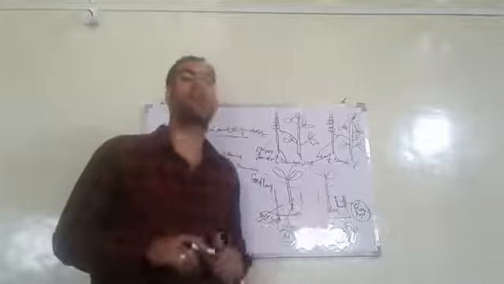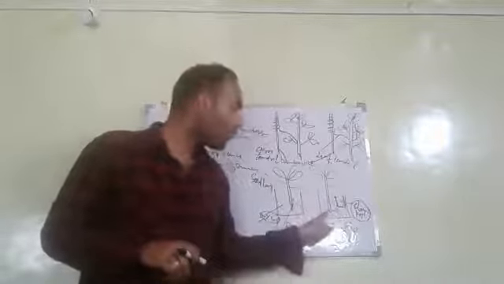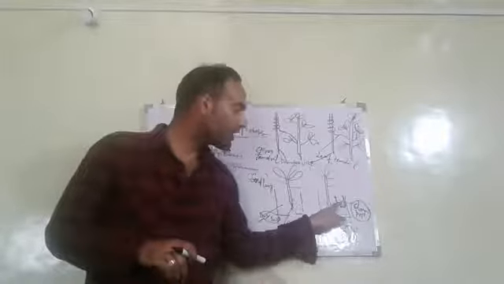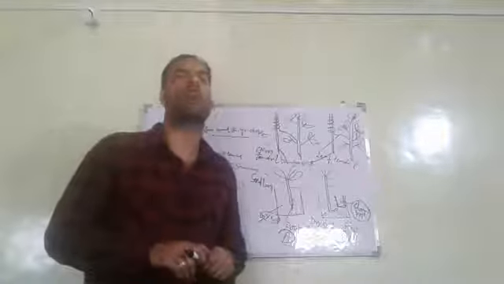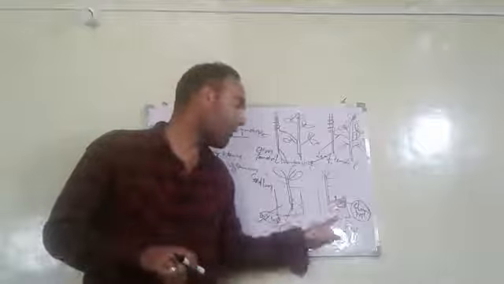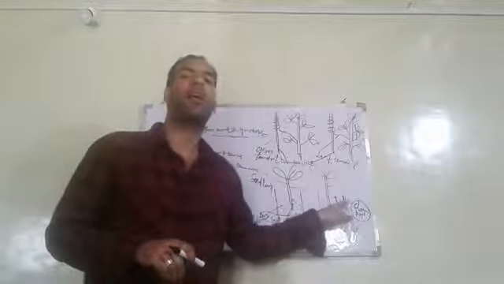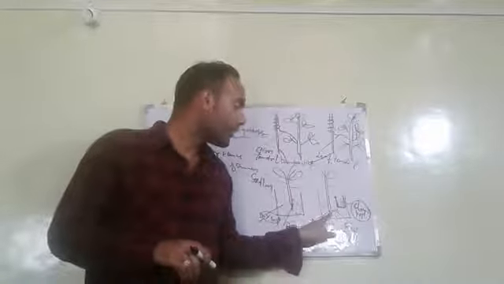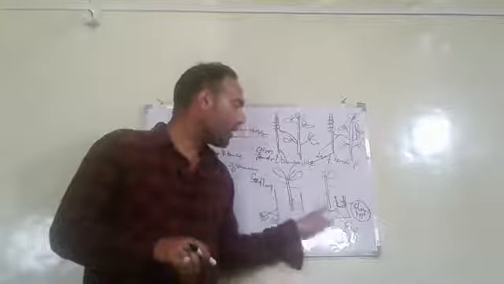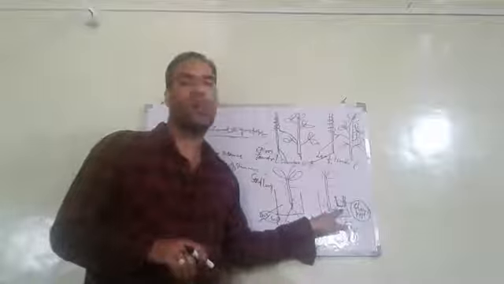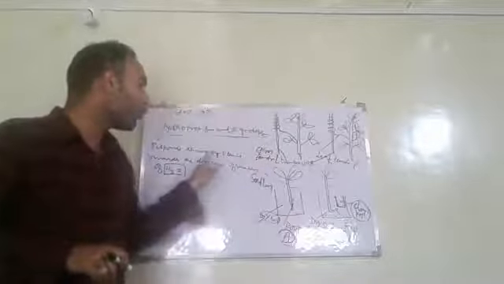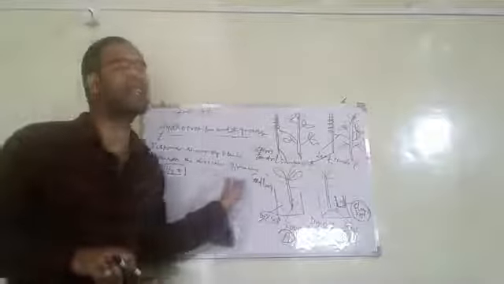Hence the root of the seedling shows response towards the direction of the stimulus of water, because water comes only from the right side. That is why the root gets bent towards the clay pot. This experiment clearly demonstrates that the root shows response towards the direction of the stimulus of water.